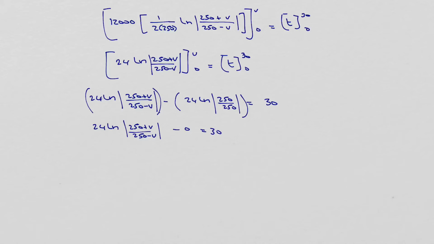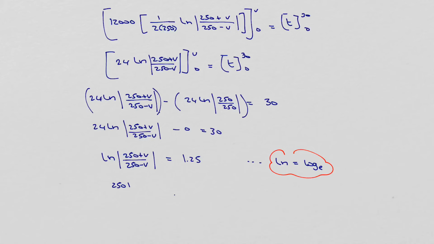So I need to get v on its own here now. So I have natural log of 250 plus v over 250 minus v. And if I divide 30 across by 24, I get 1.25. And we have to remember then that natural log is the same as log to the base e. So therefore, I can actually write this as 250 plus v over 250 minus v is equal to e to the power of 1.25.